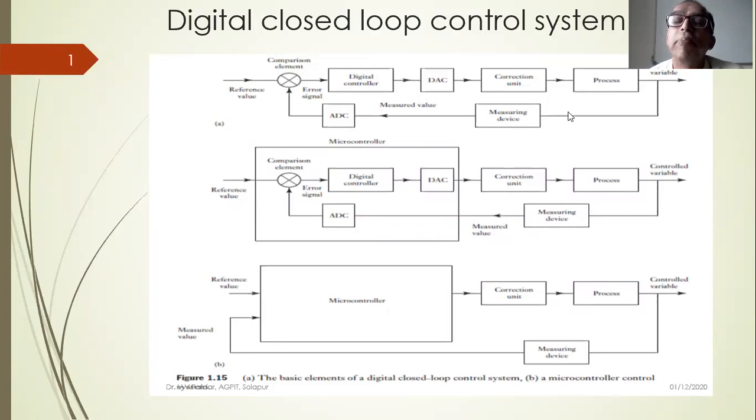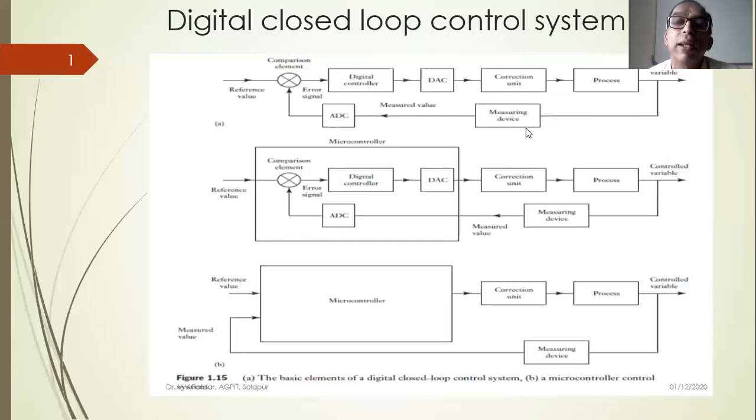These are same. Correction unit, system or process, and feedback are also same. Only thing is that the controller in the earlier feedback control system block was an analog controller. Now we have a digital controller. The rest of the blocks are operating on analog signals. So if I'm going to use a digital controller, I need to first convert the analog signal, let it be a temperature signal, pressure signal, whatever physical parameter I'm controlling and sensing.